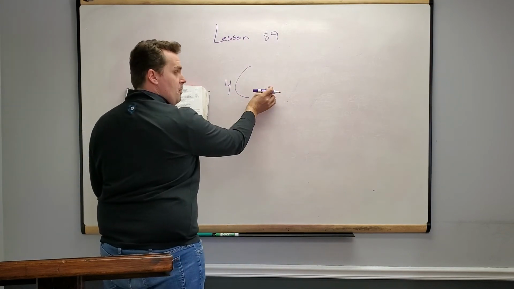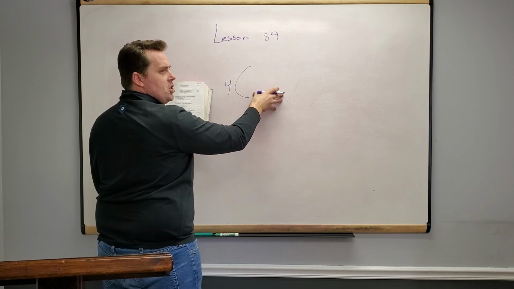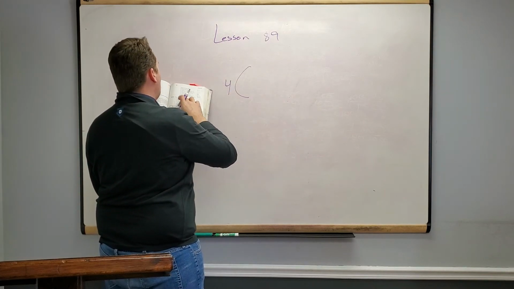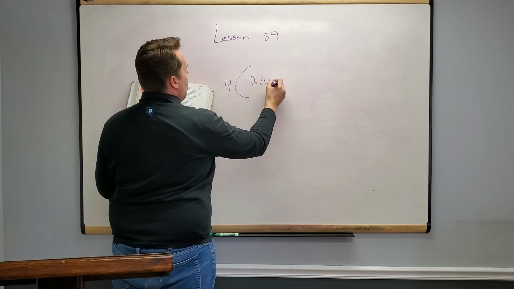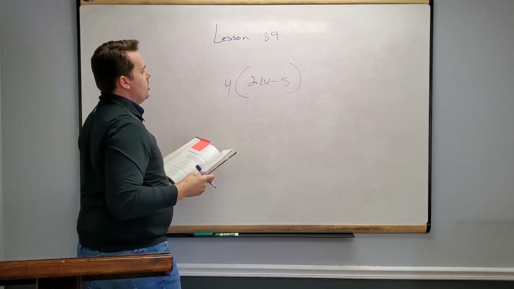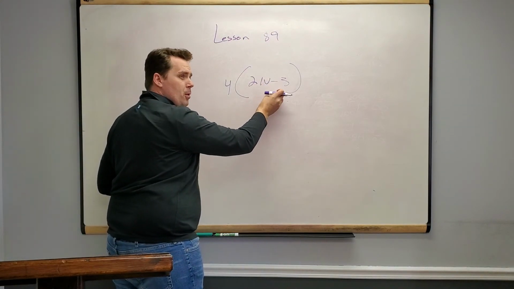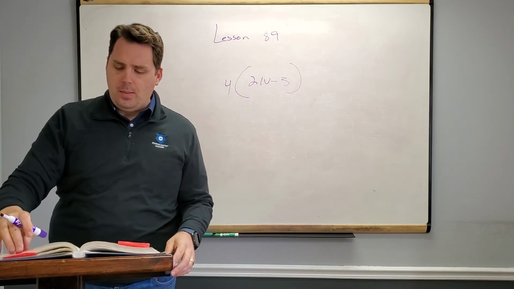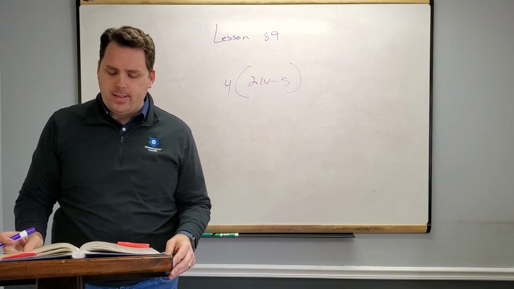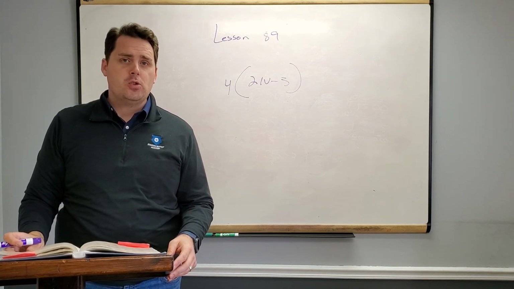I want you to find the sum first, and then multiply 4 times the answer, or the sum of what I'm about to give you. 4 times the sum of twice a number, that's 2n, and negative 3. So they said 4 times the sum of this. So you have to find the sum first before you multiply by 4. And you get further and further down the rabbit hole. I want you to try practice A through F right now, to the best of your ability, and we'll go over the answers. Go ahead and pause the video.